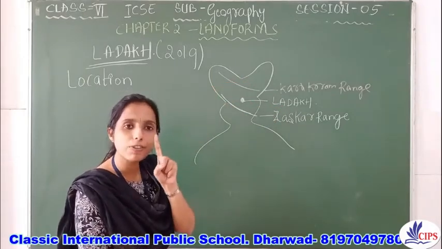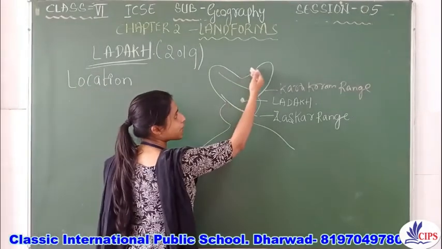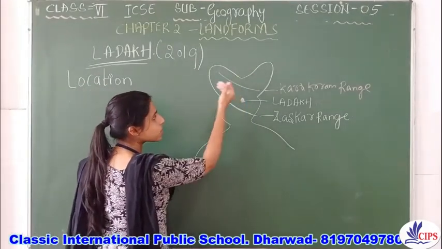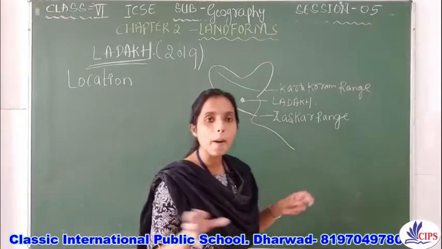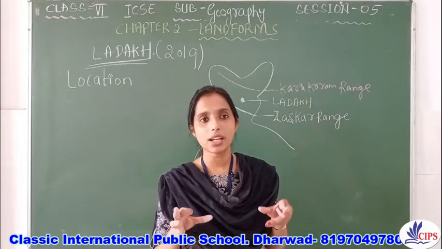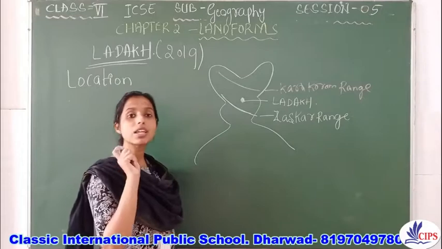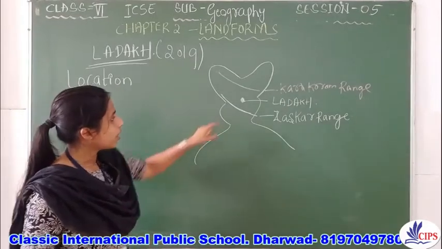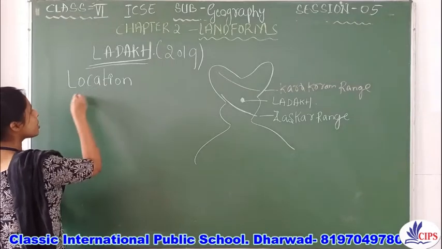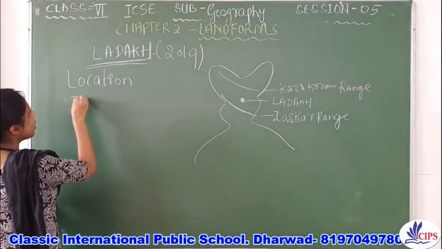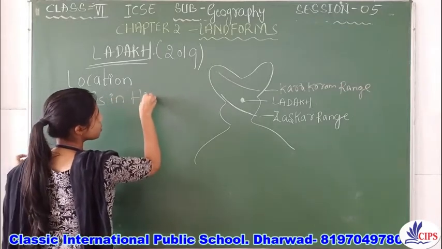That is the first point. Second point is, on both the sides, on the northern side as well as on the southern side, the region is bounded by the mountains of the Himalaya. That is the Karakoram range and the Jaskar range. This is our second point. Then what is the third point? What was the first point? First, it is in the Himalayas.